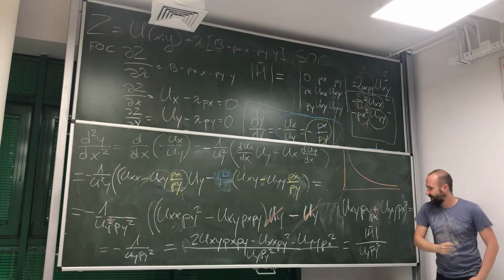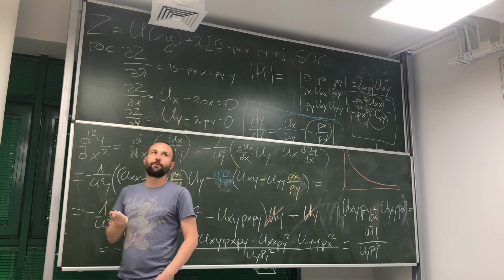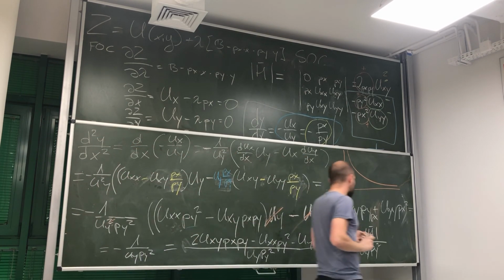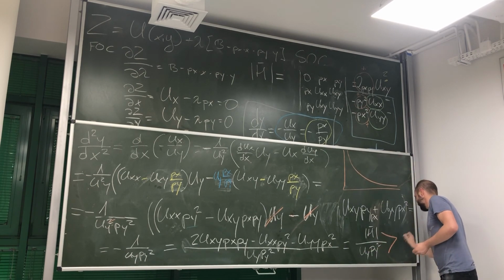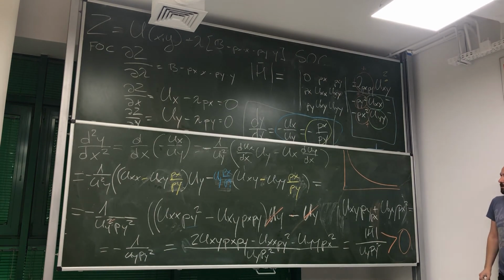But what is the thing about a convex shape that we can be sure of? Well, it is that its second derivative must be positive, right?